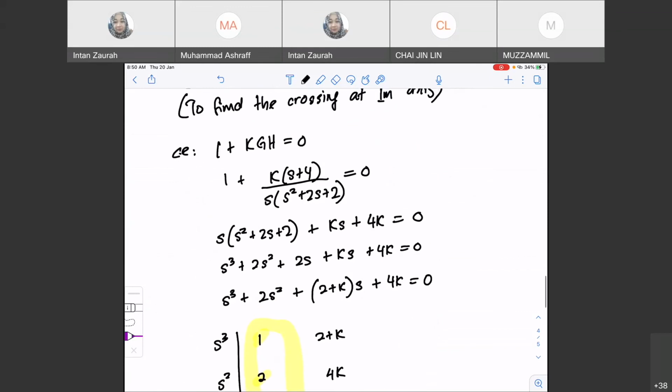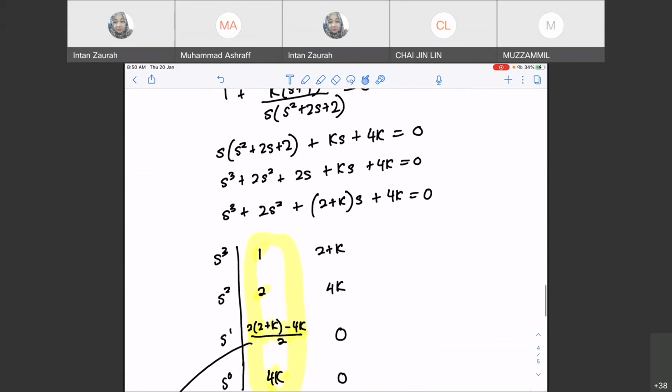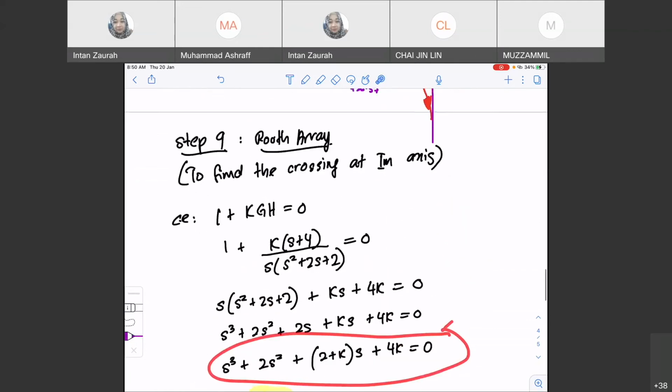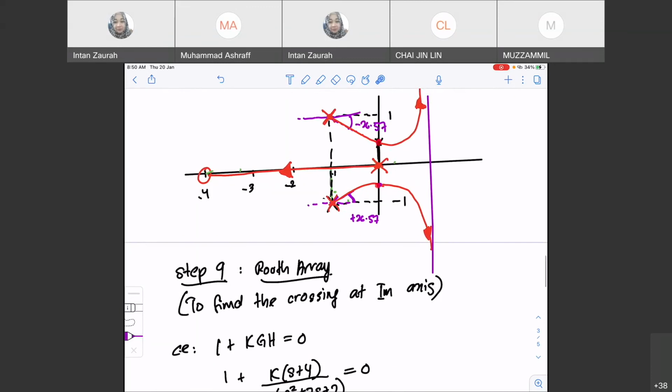So in order to find the coordinate, either I substitute into my characteristic equation and find the coordinate, but I need to know the coordinate in terms of complex conjugates, because you have on the positive side and also on the negative side, it will be complex conjugates with imaginary value only. Okay, because the real value is zero, the real axis is zero.